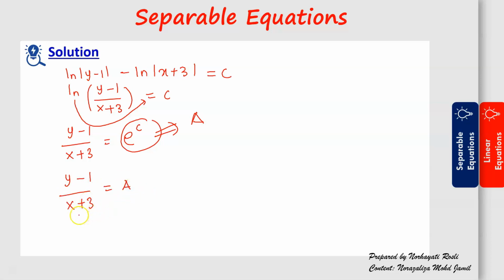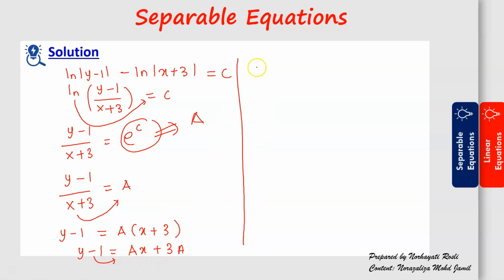Then I can move this x plus 3 to this side: y minus 1 equal to a times (x plus 3). Expanding, y minus 1 equal to ax plus 3a. When I move this negative 1 to this side, I have y equal to ax plus 3a plus 1.